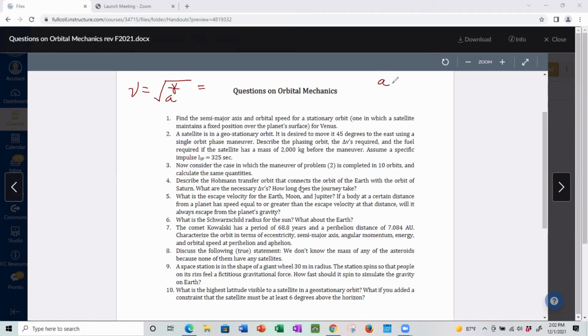Let me write these down. A was equal to 4.68 times 10 to the 20 meters. And gamma was 3.248 times 10 to the 14. Go ahead, Joshua, work out V for us.